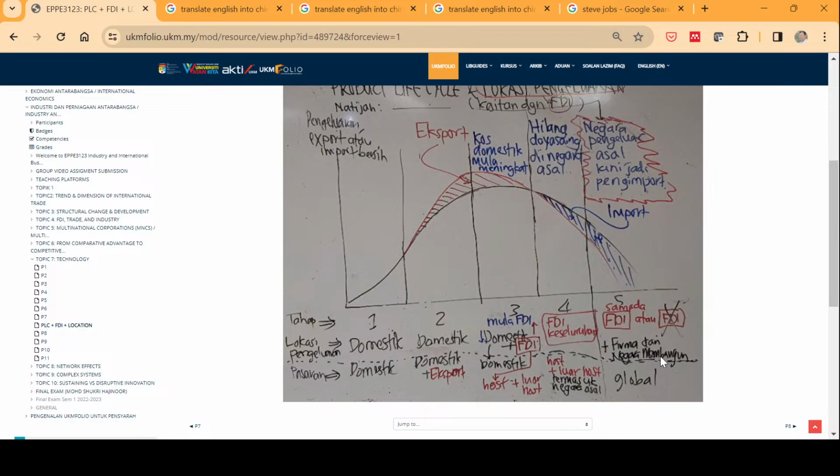So when the product is first being introduced, the cost is very high, because one of the characteristics of technology products is this: high fixed cost but much lower variable cost.